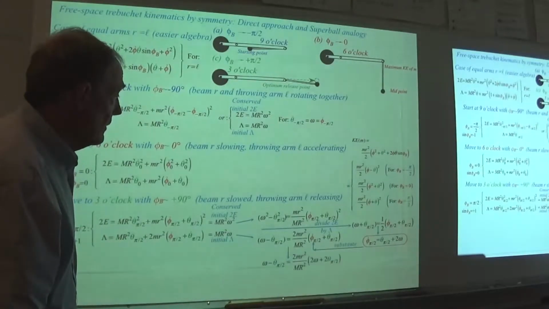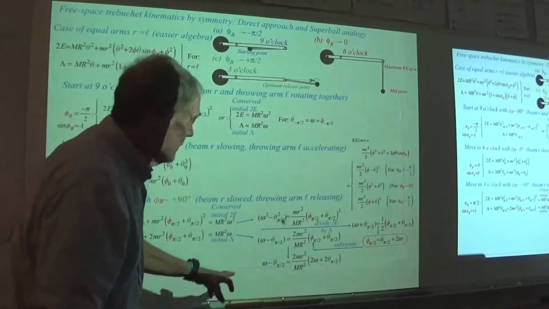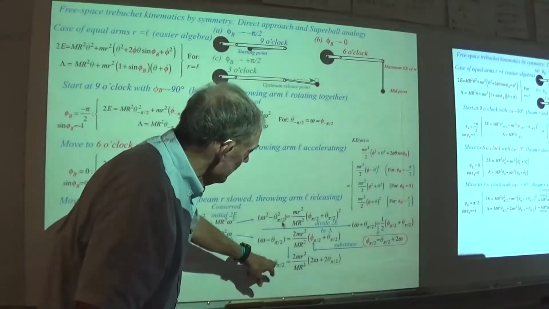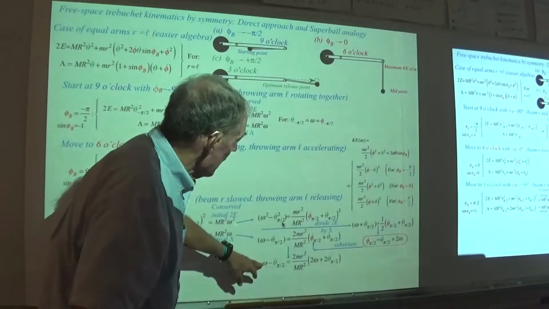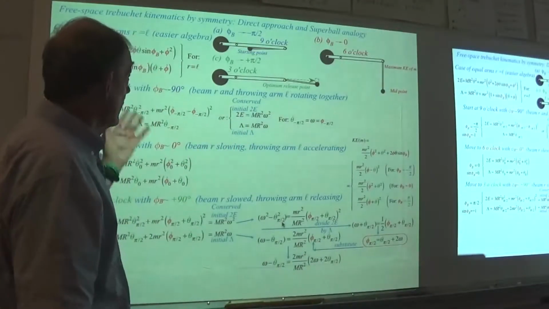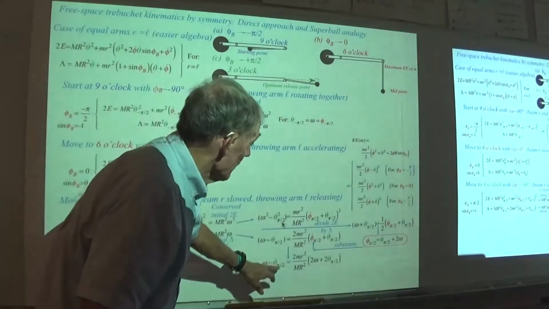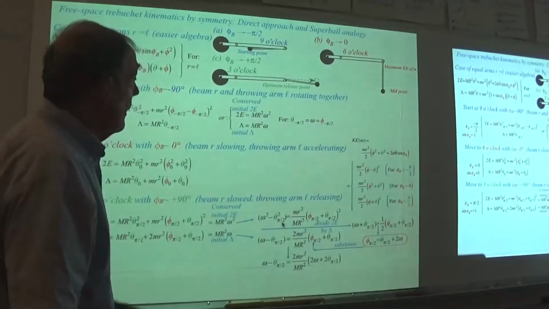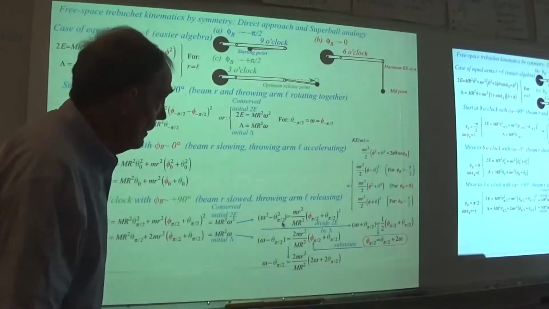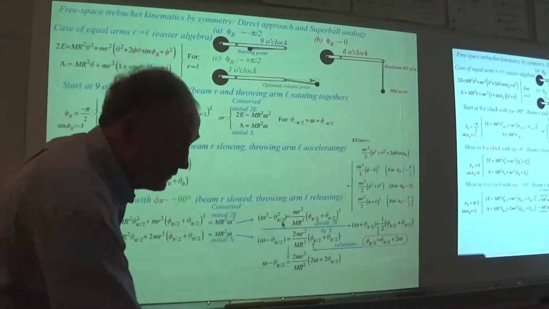And that lets us substitute into this thing to get a difference between the angular velocity that we've given to this thing originally and wherever it is right now at the pi/2 point, the optimum release point.